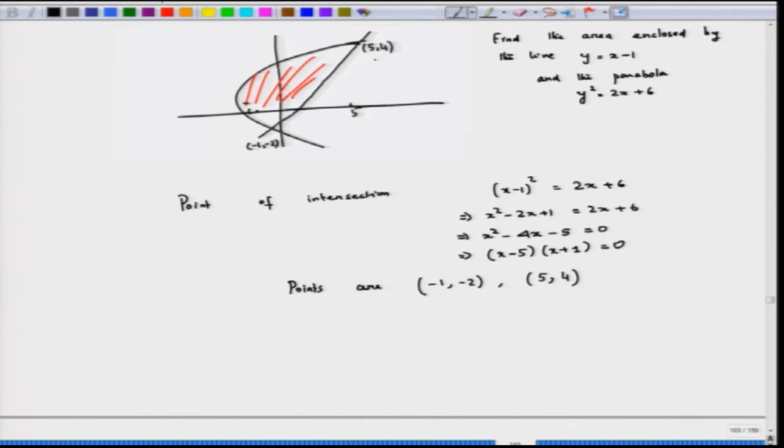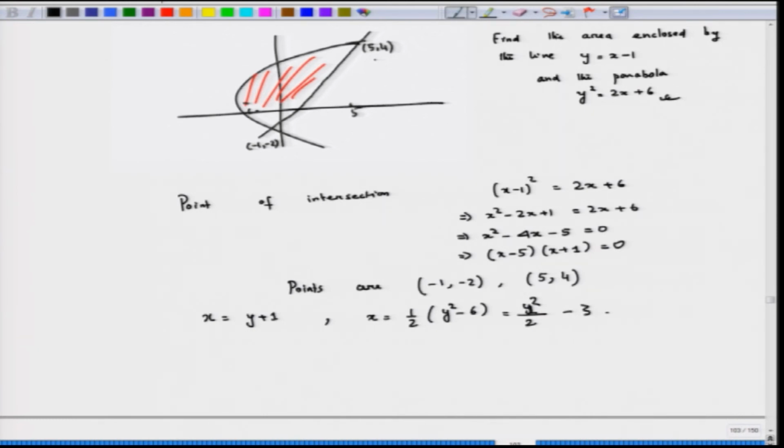So, now here what we have got is that x is equal to y plus 1, because y equal to x minus 1. And if I write the parabola in terms of y, this one is going to give us that x is equal to 1 by 2 into y square minus 6, which is equal to y square by 2 minus 3.